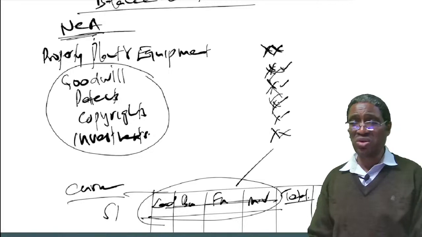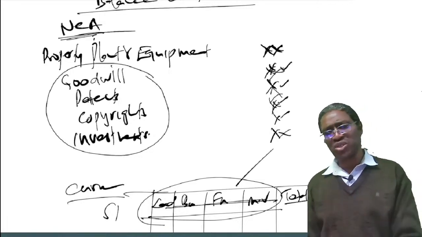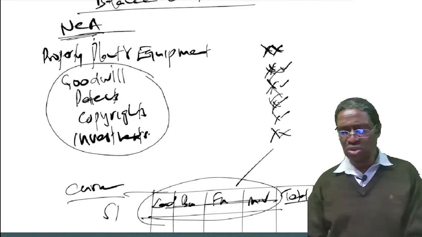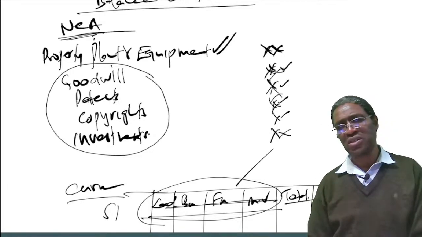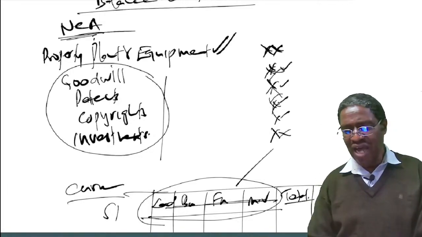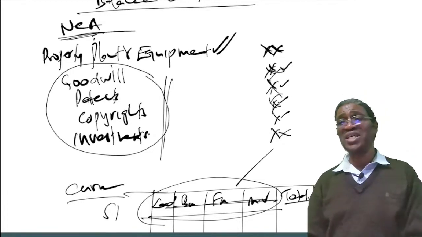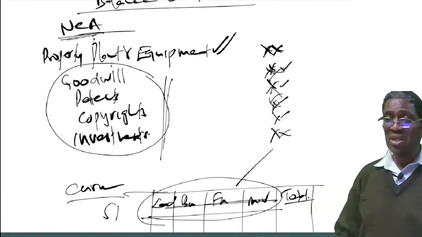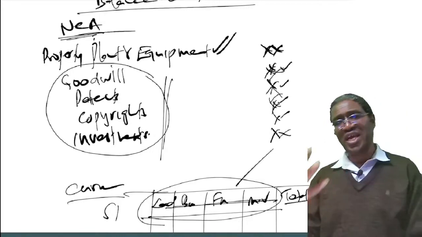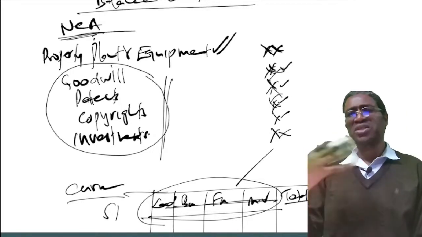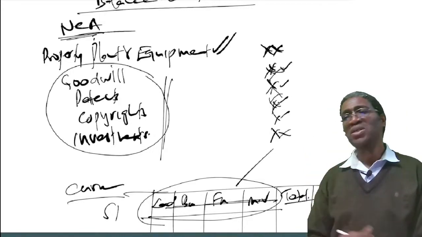They are intangible. So in other words, once you have shown your property, plant, and equipment, now come and list the other intangible assets. You show them individually, like investments, copyrights, trademarks, goodwill, and so on.